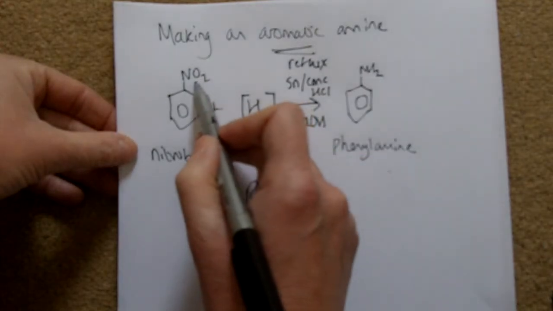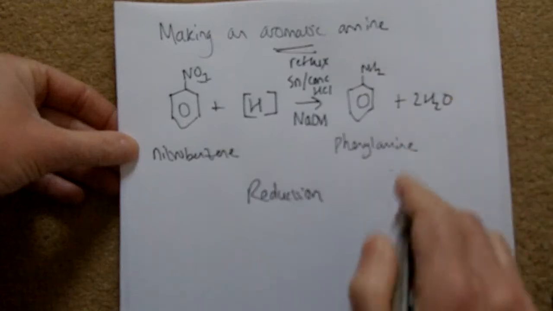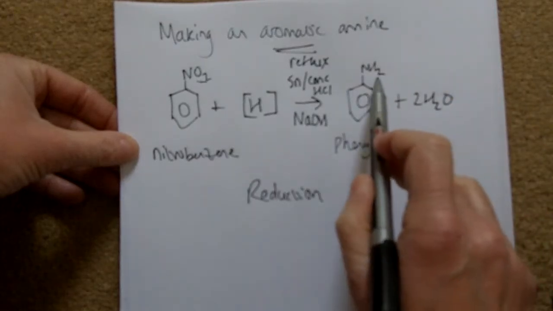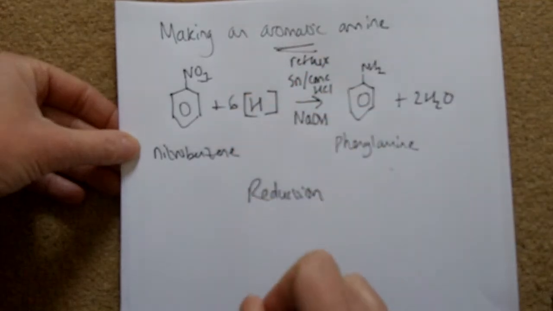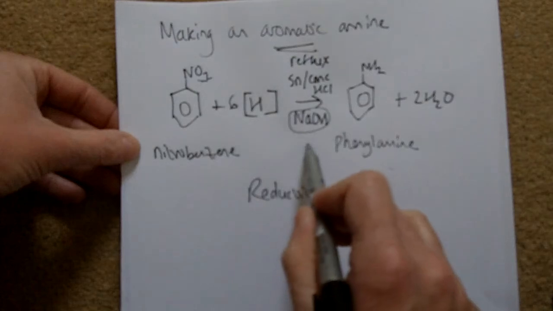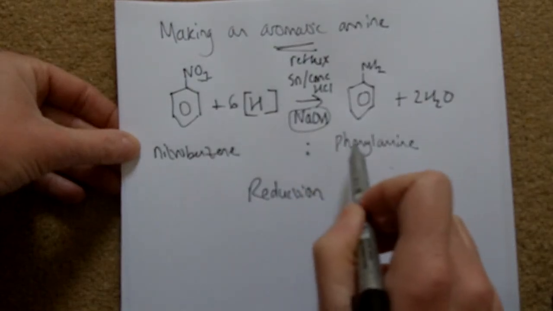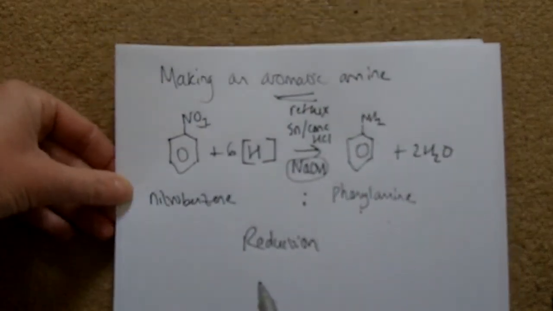We've got 2 oxygens here, so we're going to need 2 waters. And then we've got 4 hydrogens, 2 hydrogens, that's 6 hydrogens, so put 6 hydrogens here. And the sodium hydroxide is just to convert the phenyl ammonium chloride to the phenylamine. Okay, and that's how you make an aromatic amine.